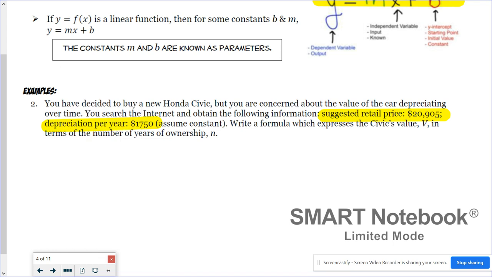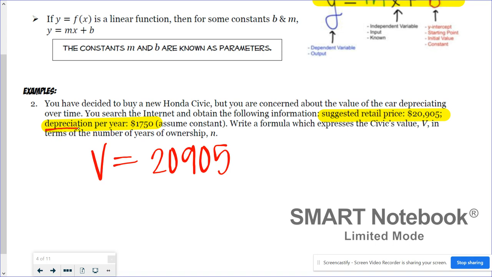Right? So let's start with our output. Our output is V for the value. Now, the initial value of the Honda Civic was that suggested retail price. That would be the price that the manufacturers want me to pay to buy it. So $20,905. Now we're ready for the rate of change.